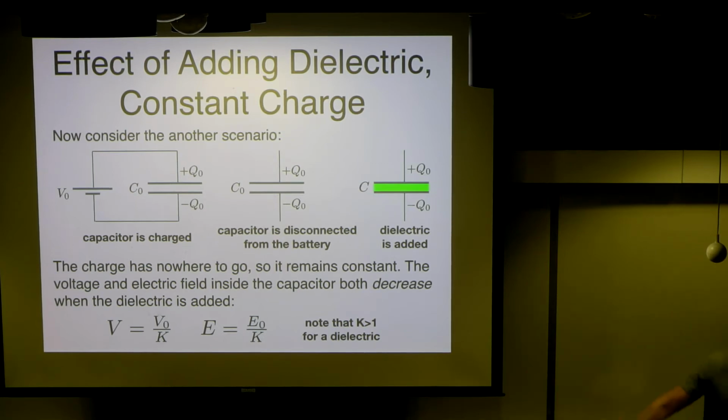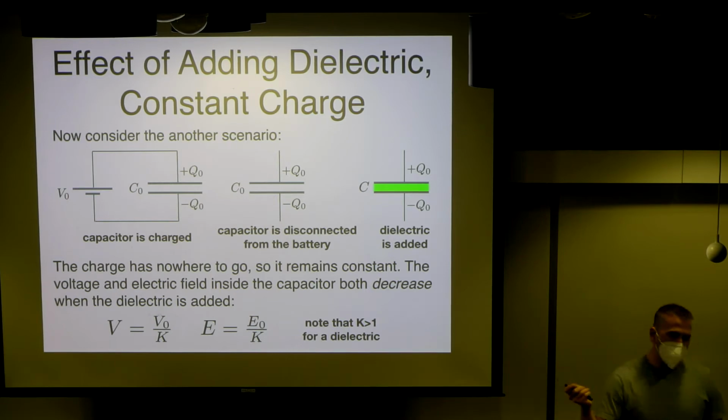If it were connected to a battery, it could move through the circuit and the charge could change. But if it's disconnected like this, the charge is basically fixed because it has no path to move on or off the plates. Does that make sense? But what will change, as we'll see, is the voltage across the plates.